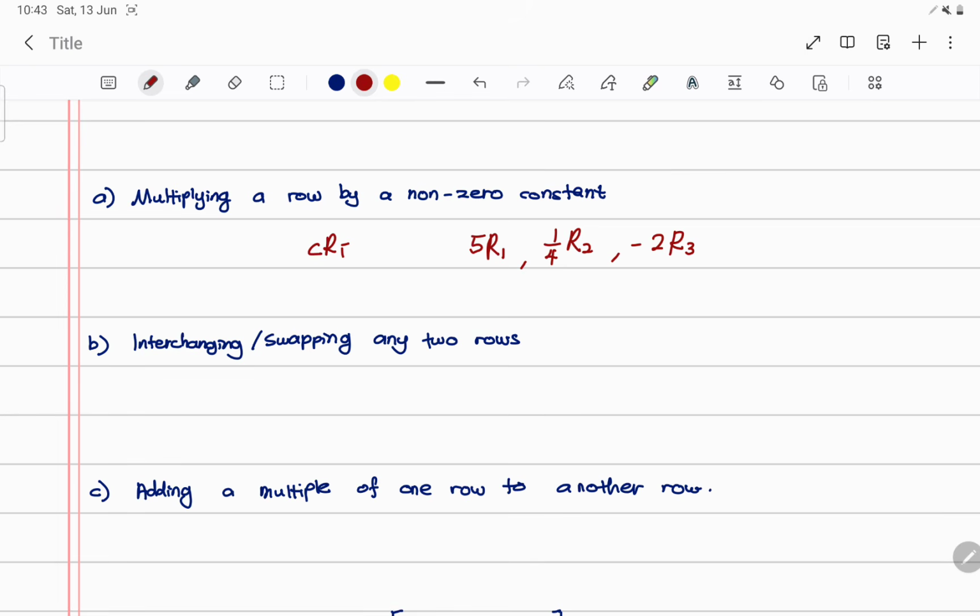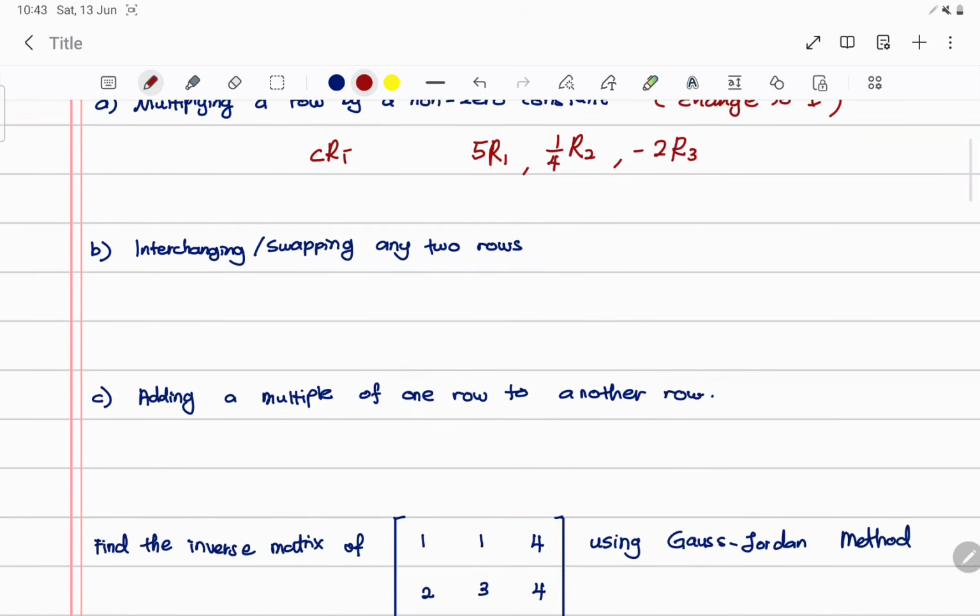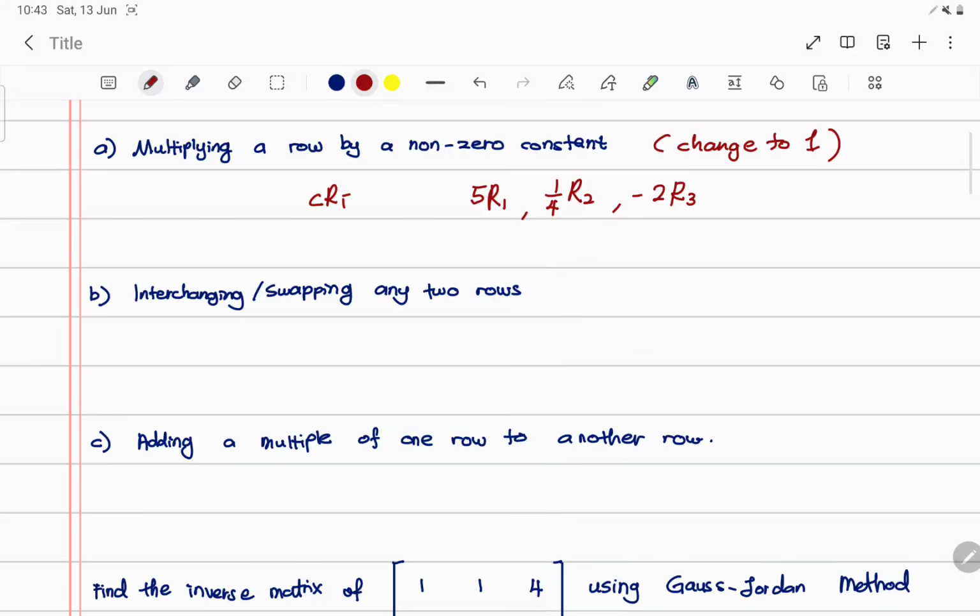So it depends on the needs. Usually we use this rule, multiplying a row by a non-zero constant, when you want to change a value to 1.